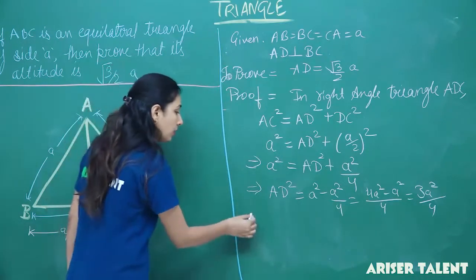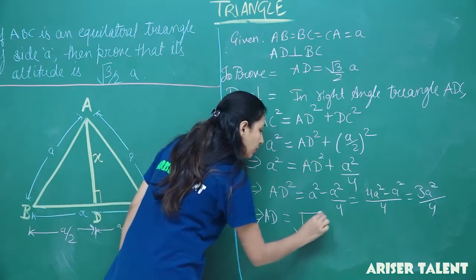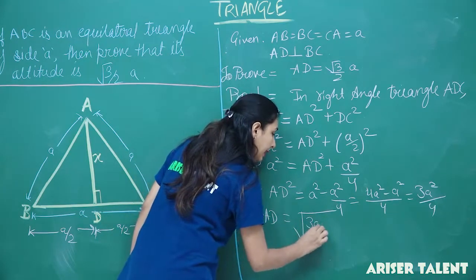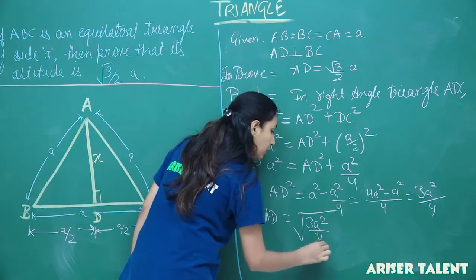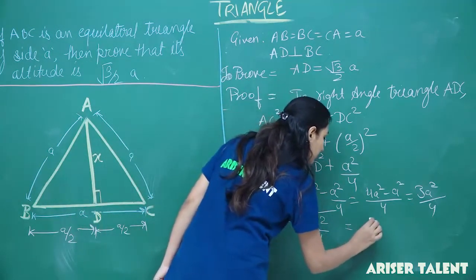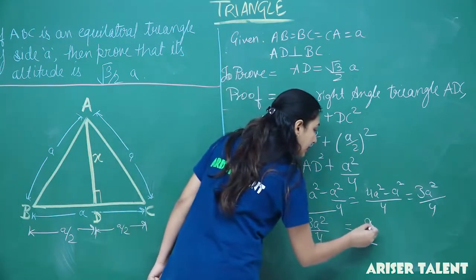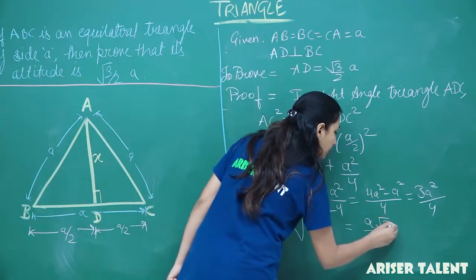So AD equals root of 3A square by 4. Now root 4 equals 2, so by 2, A, and root 3 here.